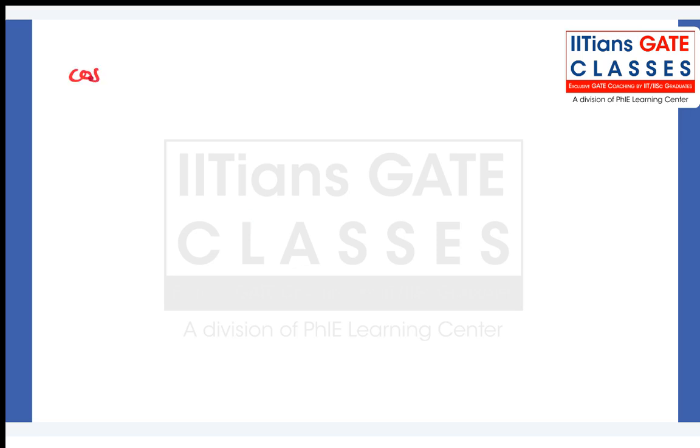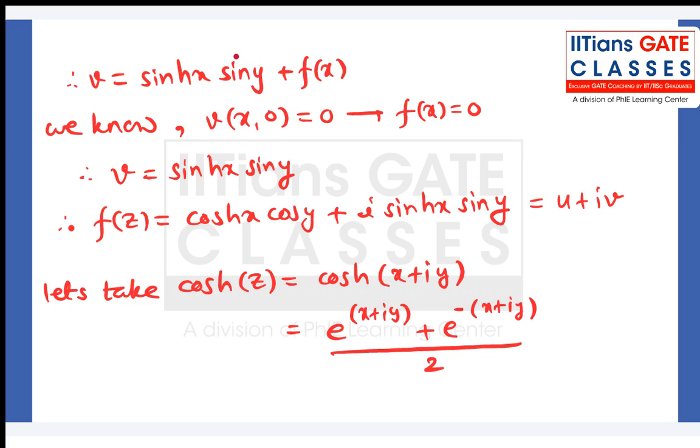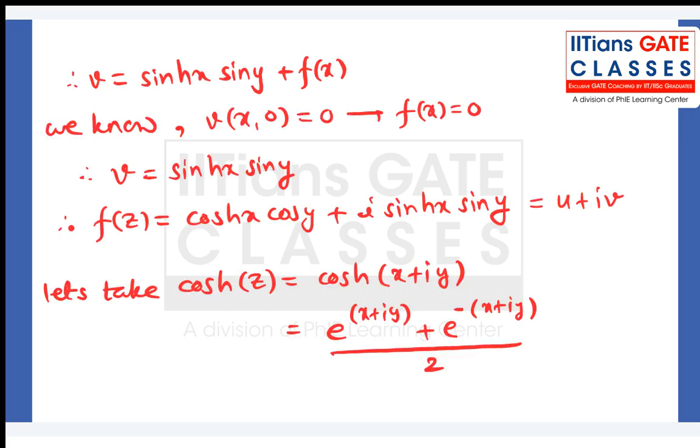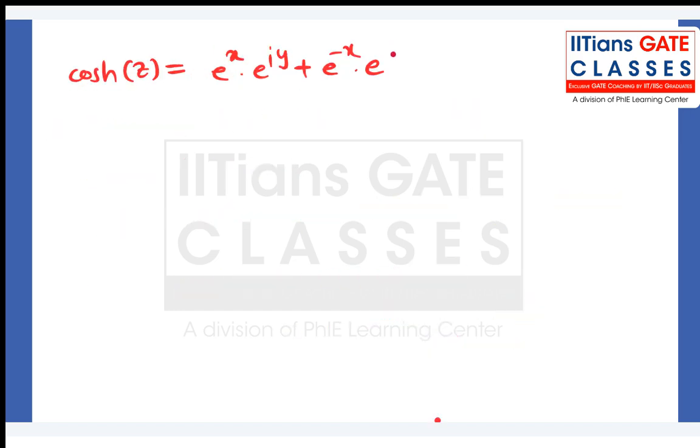So this cos hyperbolic z becomes e to the power x into e to the power iy plus e to the power minus x into e to the power minus iy, divided by 2.